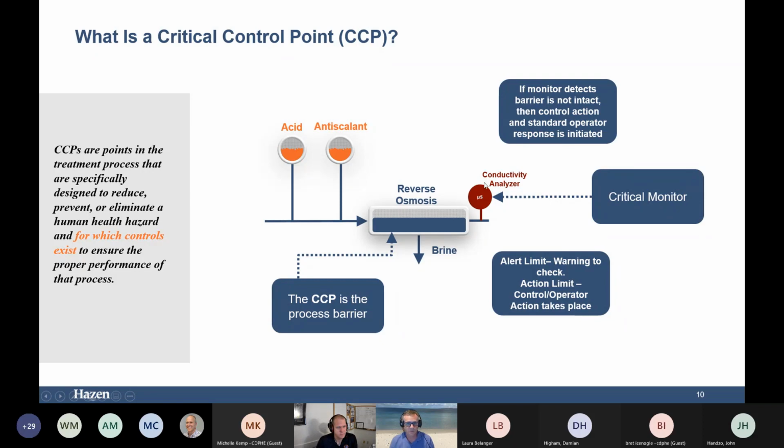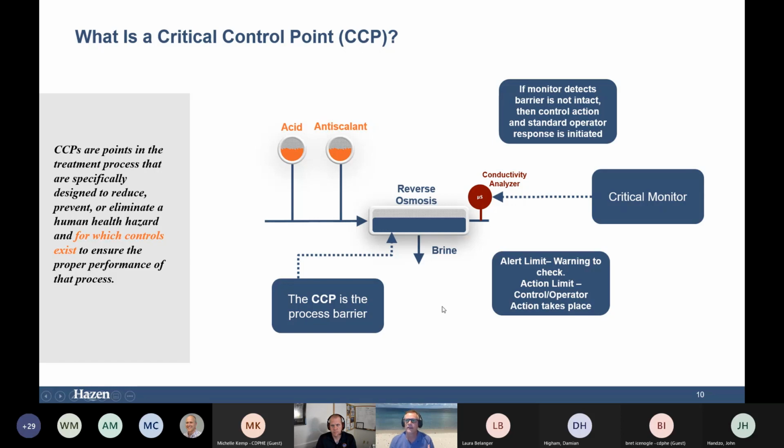What these analyzers don't do is give us a direct correlation necessarily with microorganism removal. And so we have to develop some of those correlations and perhaps not always provide that barrier with the full credit that it might be achieving in terms of removal, because we don't have an analyzer that's sensitive enough or specific enough to give us that piece of information.